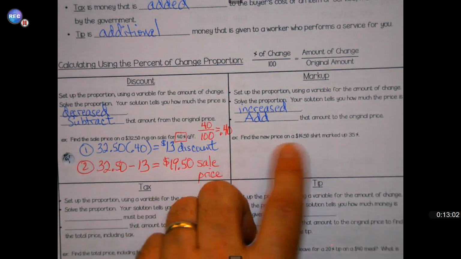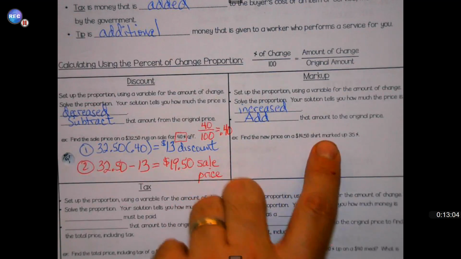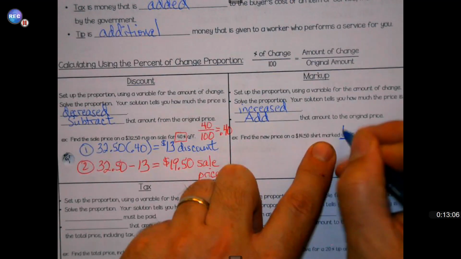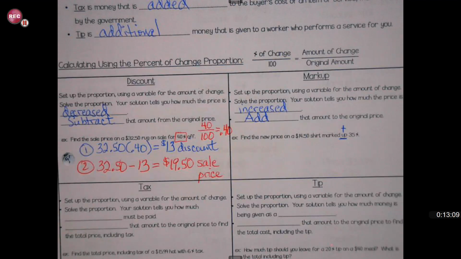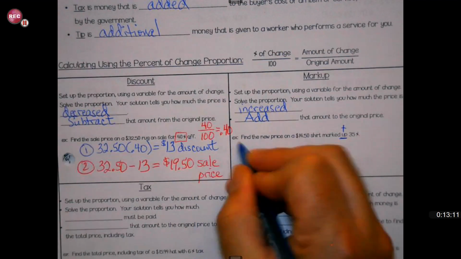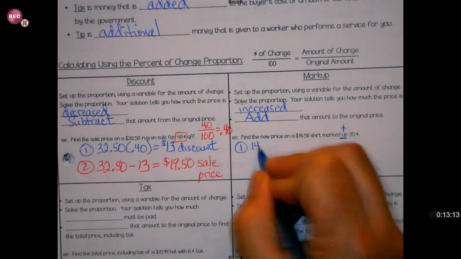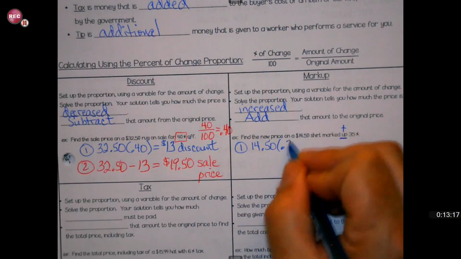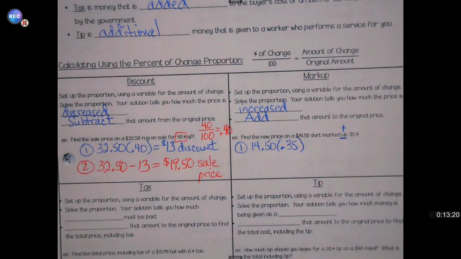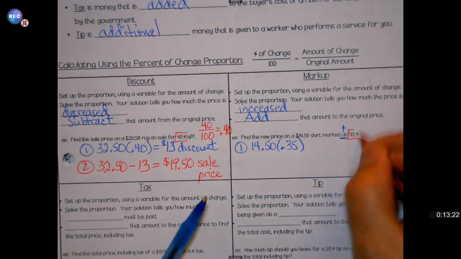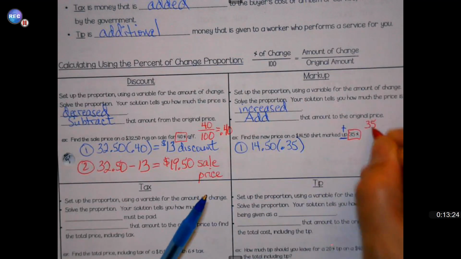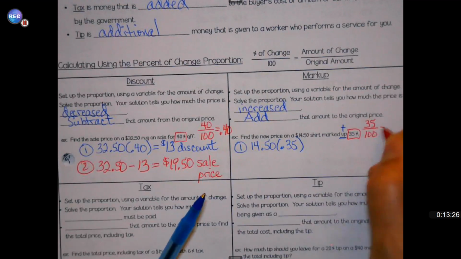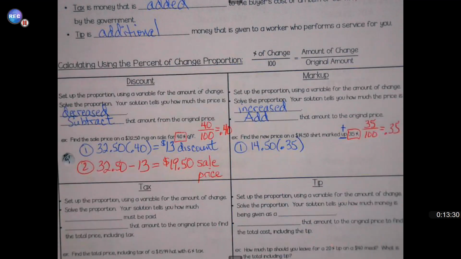Find the new price on a $14.50 shirt marked up 35%. So, price of the shirt times the decimal form, again, 35% is just divided by 100, moving the decimal place 2 places to the left.